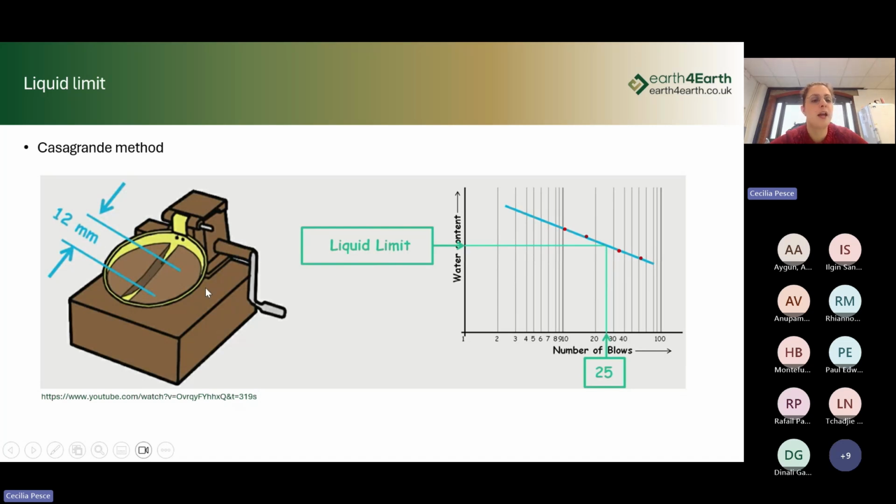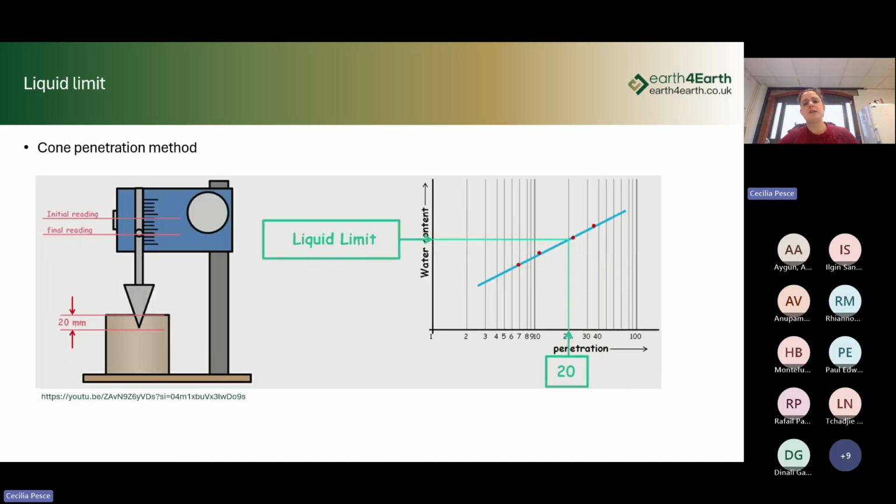Of course, it's very hard to find the exact amount of water that will yield this situation. So when this test is carried out, it's repeated on a number of samples with varying moisture values, so that we can build our line, and then we can extrapolate the value of the liquid limit.